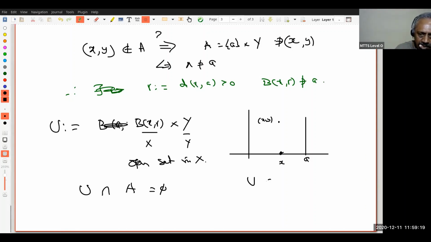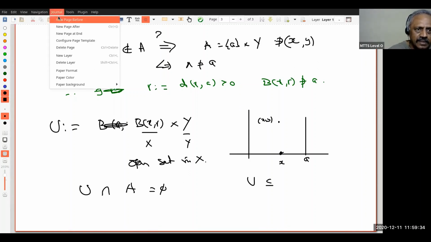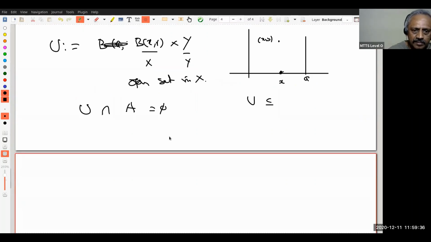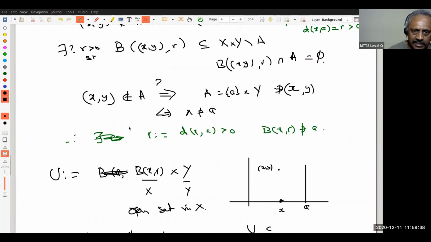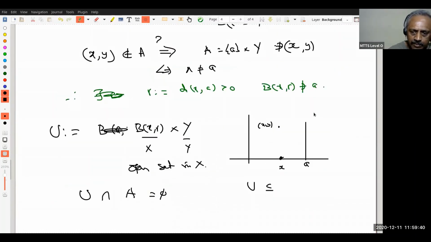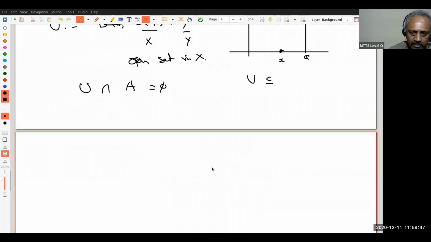Let me modify this definition, because an open set is not enough: according to our definition, I am supposed to find an open ball around (x, y) and this may not be an open ball.